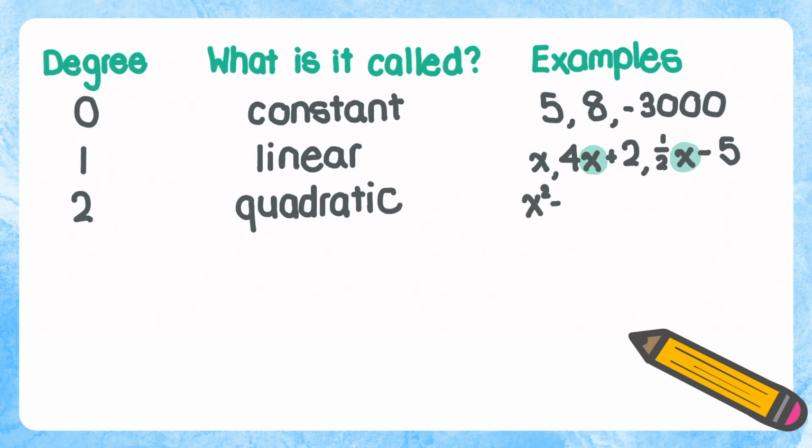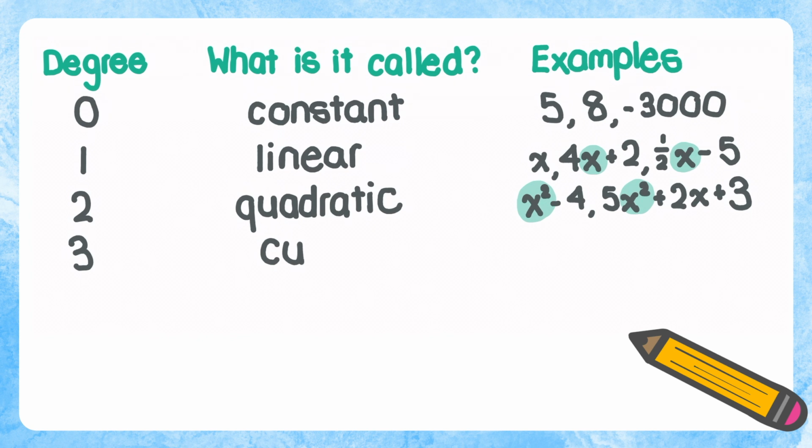Something like x squared minus 4, 5x squared plus 2x plus 3. Again, we're looking at the highest degree of the expression. All right, so what if our highest degree is 3? This would be considered a cubic.